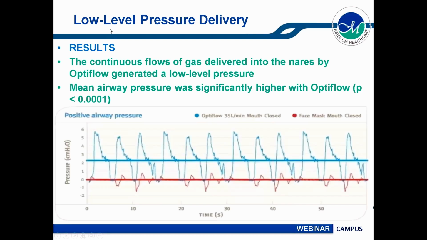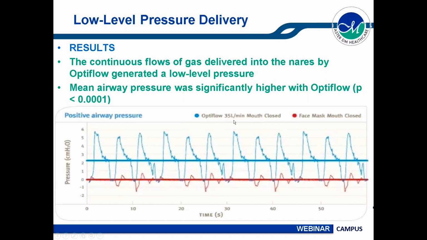So for the low level pressure delivery, you can see the continuous flows of gas delivered to the nose by OptiFlow generate lower level pressure, and mean airway pressure was significantly higher with OptiFlow. You can see the normal oxygen with the face mask closed.